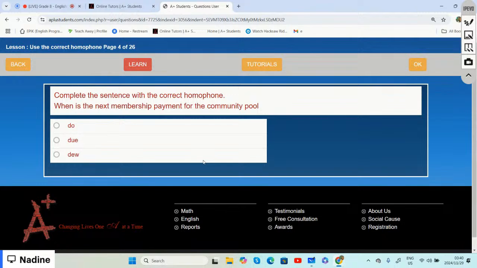The next one says, when is the next membership payment for the community pool, do, dew, or due? Option one, option two, option three.